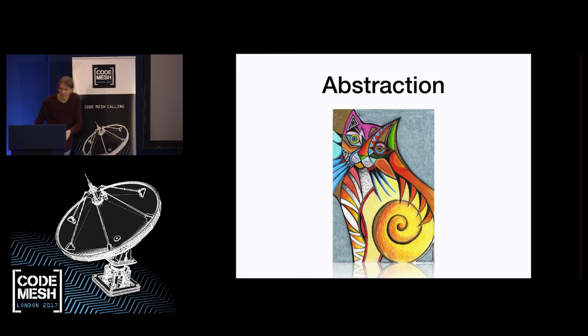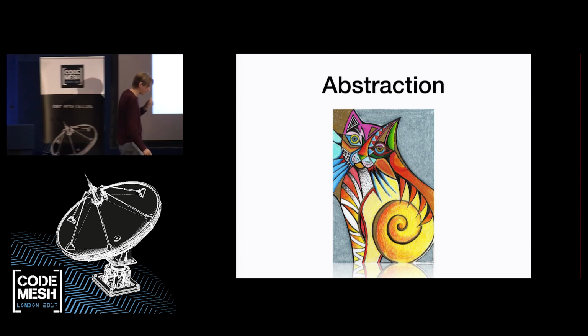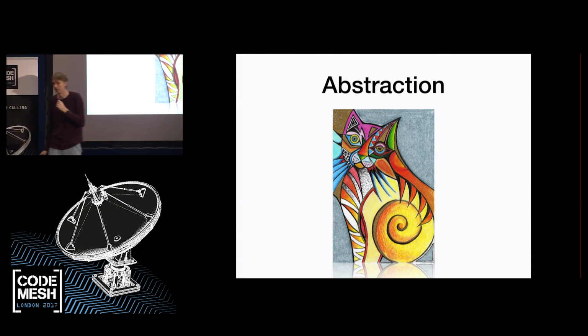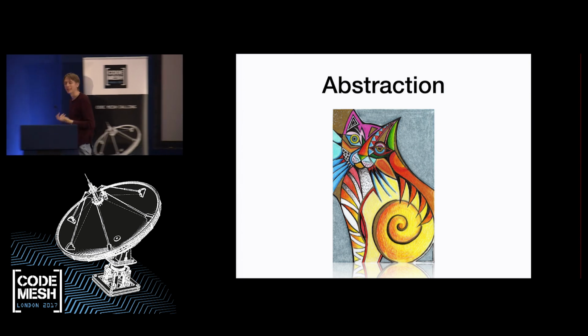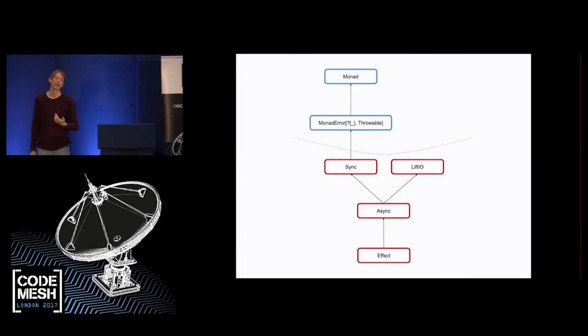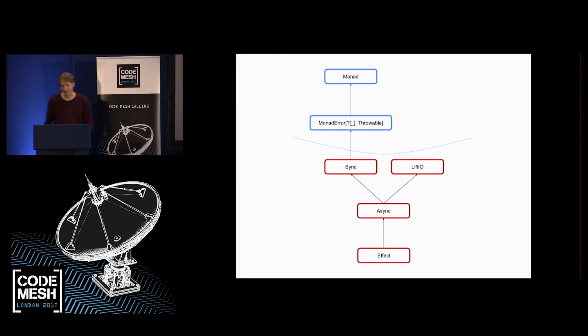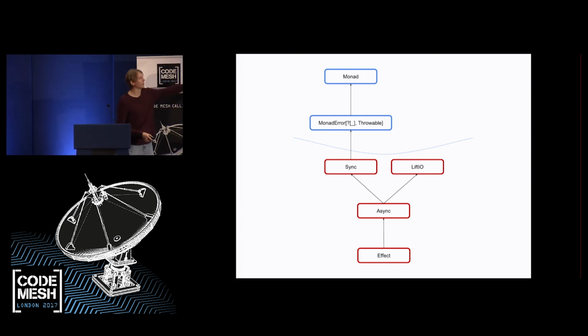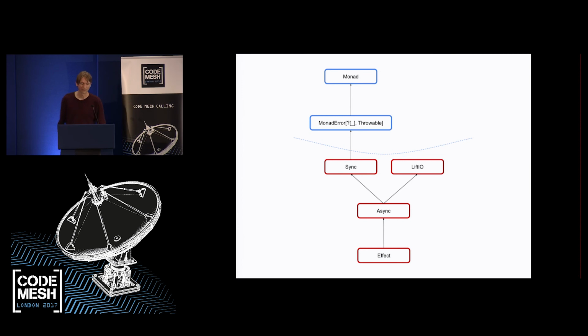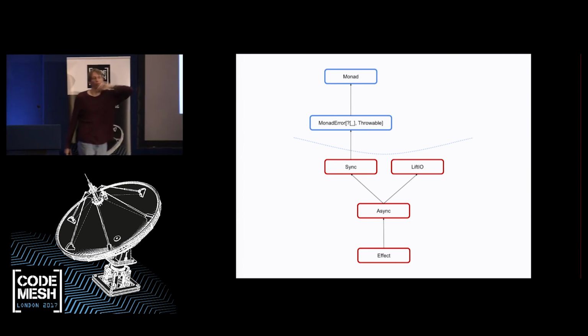I'm running out of time, but I said that Cats Effect defines some abstractions. It defines what it means to be an effect. It does this through a hierarchy of type classes, with very small font. The type classes in red at the bottom are things that are in Cats Effect. So we have Sync, Async, and Effect, and then we have the LiftIO thing that we saw from earlier.